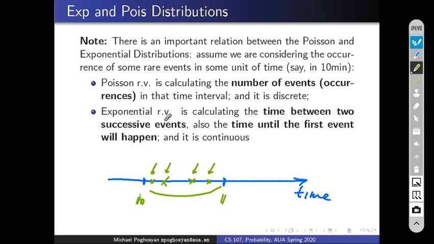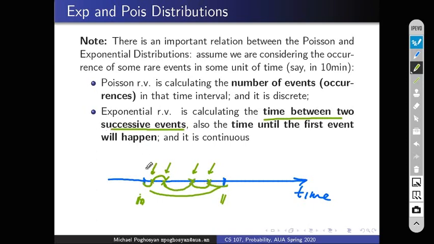And what is the exponential random variable calculating? It is calculating the time between 2 successive events, or the time until the first event happens. So this time or that time: the time between the first car passing and the second car passing, and the time between the second and third car, etc. And we may have another car here. So these waiting times are exponentially distributed.